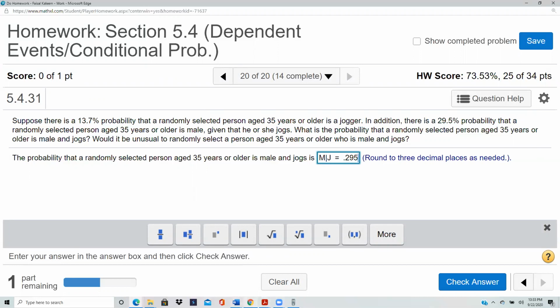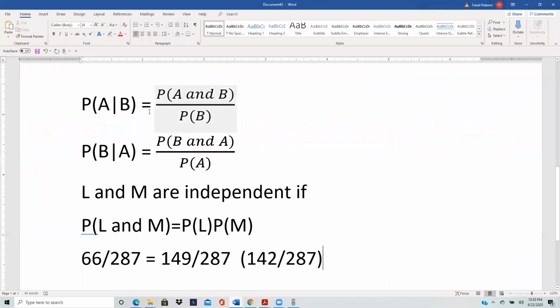So let's look at the formula. It's like male given jogs, so the formula will be male and jogs divided by jogs.